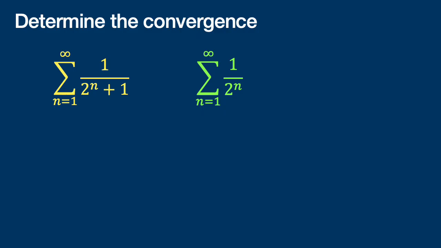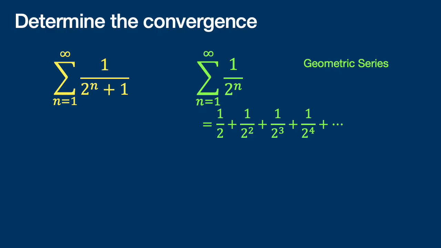I expand the sigma: 1.5 plus 1 over 2 squared plus 1 over 2 cubed plus 1 over 2 to the fourth power. This is a geometric series. The ratio is 1/2, which means this series converges because the ratio is between -1 and 1. What can we say about the series on the left side?